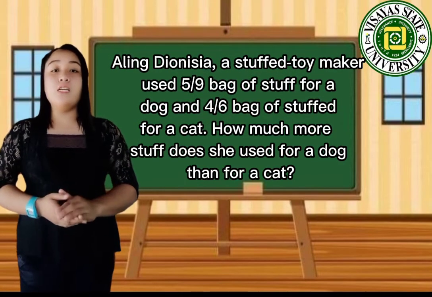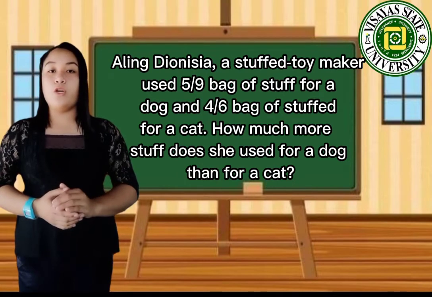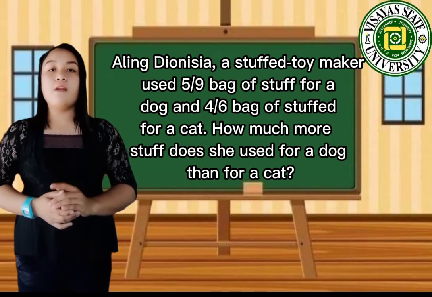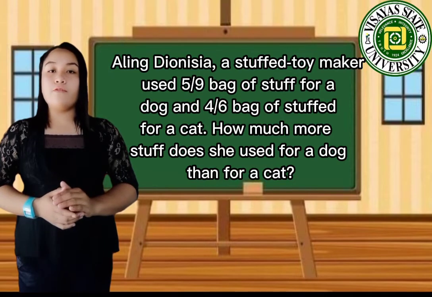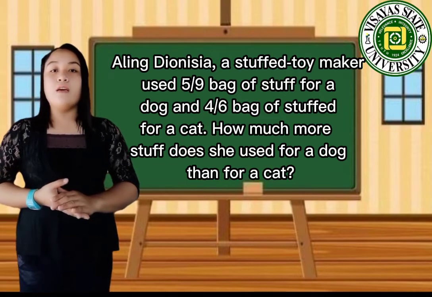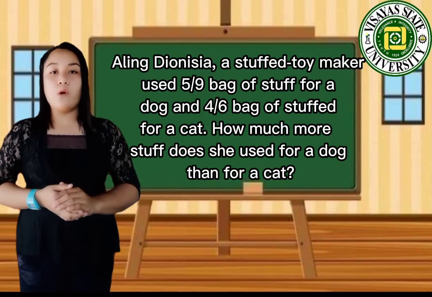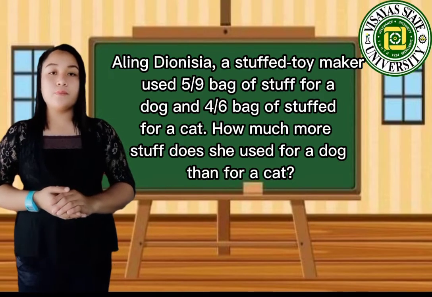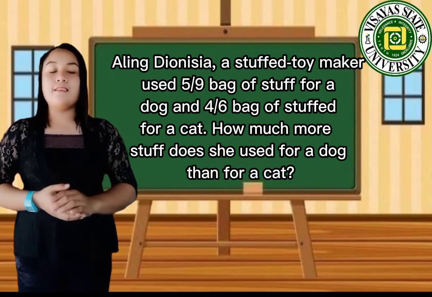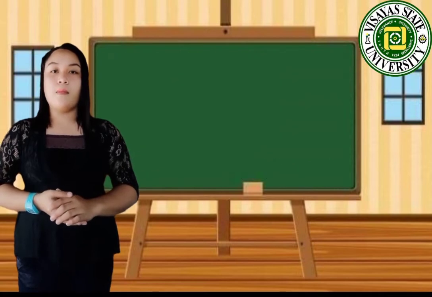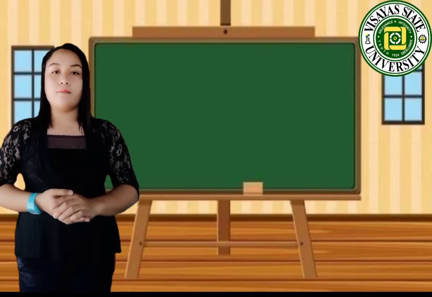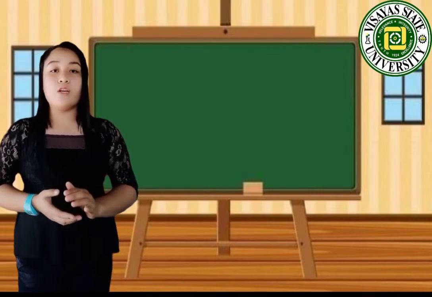For example, Aling Janisha, a stuffed toy maker, used 5/9 bag of stuff for a dog and 4/6 bag of stuff for a cat. How much more stuff was used for a dog than a cat? What is asked? What are given in the problem?